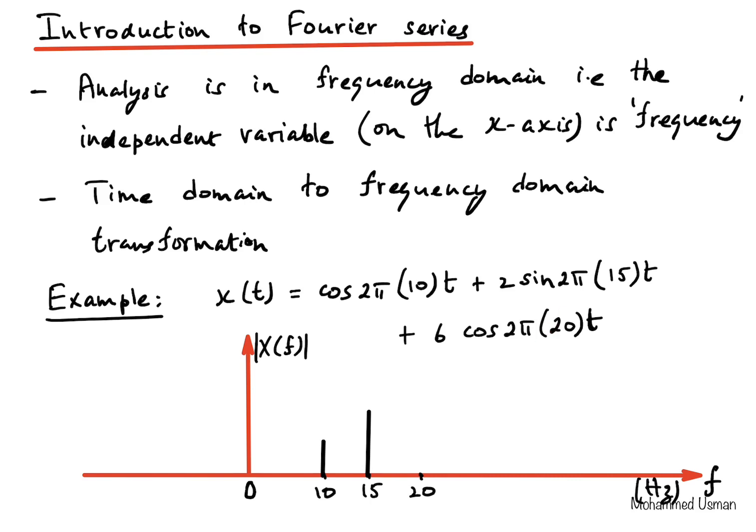And at the frequency of 20 hertz, we have a magnitude of 6, so that's much higher. That one has a height of 1, that has a height of 2, and that height, let's say that's 6. So this is basically the information that we are trying to extract by performing the Fourier analysis.